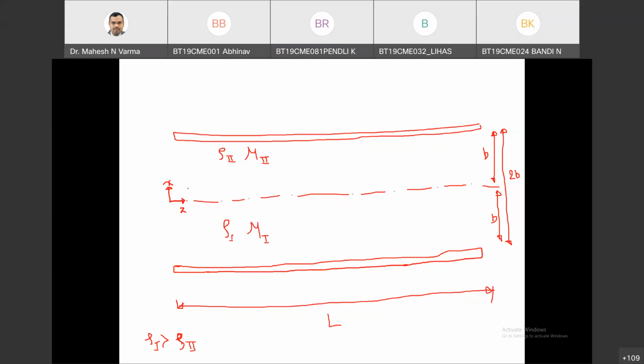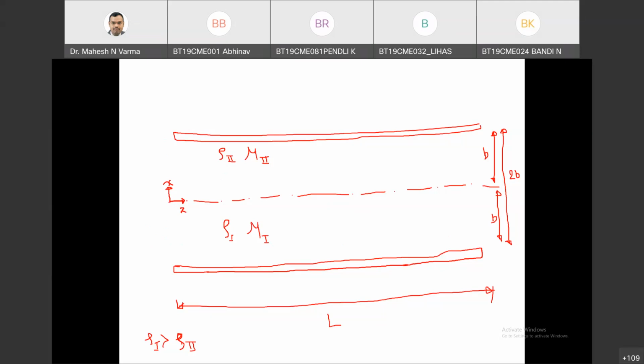So you can see this is minus b, here 0, and this will be minus b. So x varies from minus b to 0 for fluid 1. For fluid 2, x varies from 0 to plus b. And for both fluids, z varies from 0 to L and y varies from 0 to W.